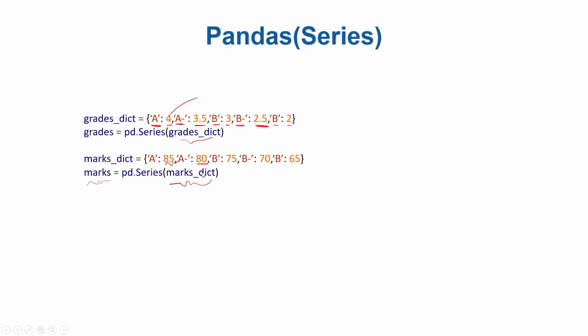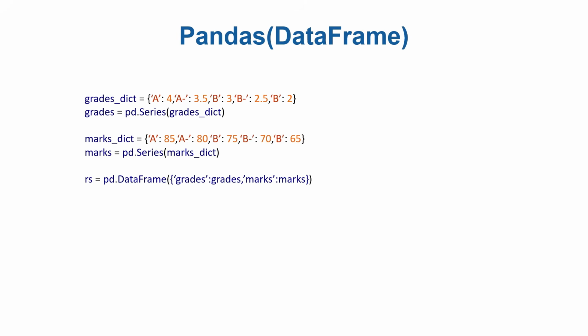So we were here. We have created the grades series object and this marks series object. The series object is good for one-dimensional arrays, or data like a one-dimensional list or dictionary. Later we will see the data frame, which can be looked at as an extension of series towards more than one dimension.